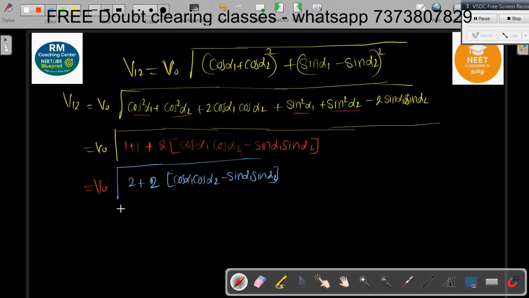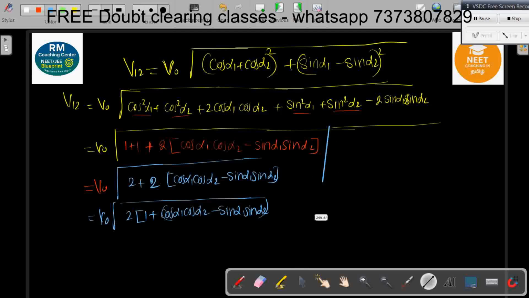I take 2 as a common: 2 of 1 plus cos alpha 1 cos alpha 2 minus sin alpha 1 sin alpha 2. Now apply the formula: cos A cos B minus sin A sin B is cos of A plus B.